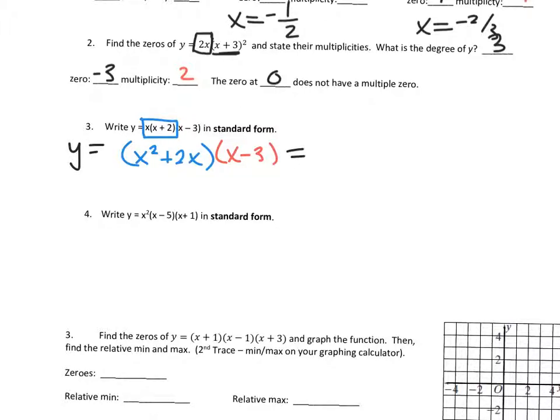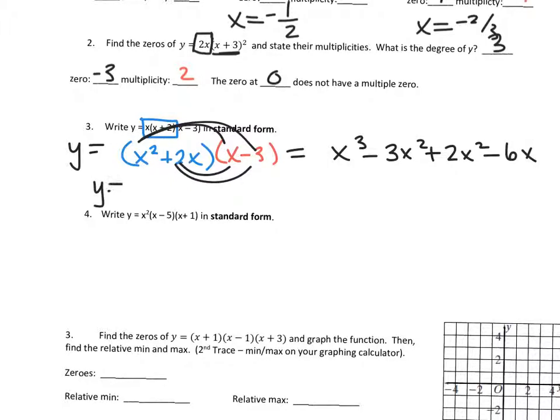This is equal to x cubed, minus 3x squared plus 2x squared, and then minus 6x. Standard form means write it from highest to lowest degree, so y equals x cubed, and negative 3x squared plus 2x squared is negative x squared, and then minus 6x.